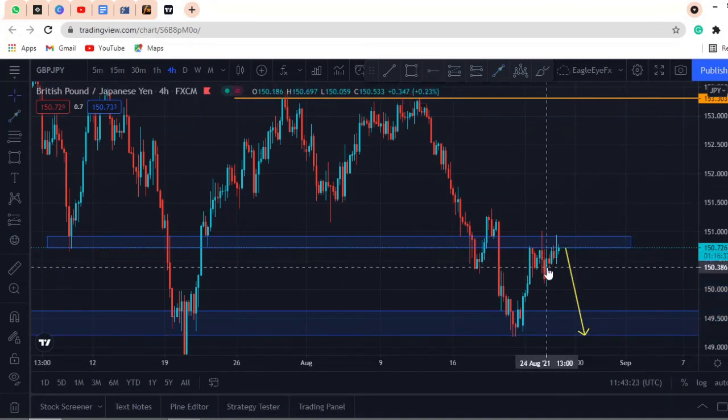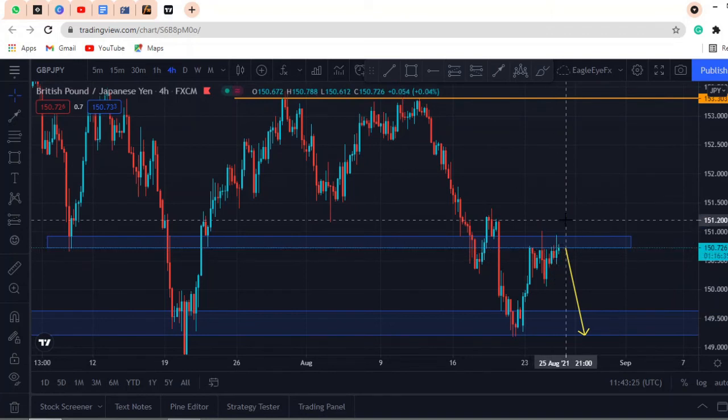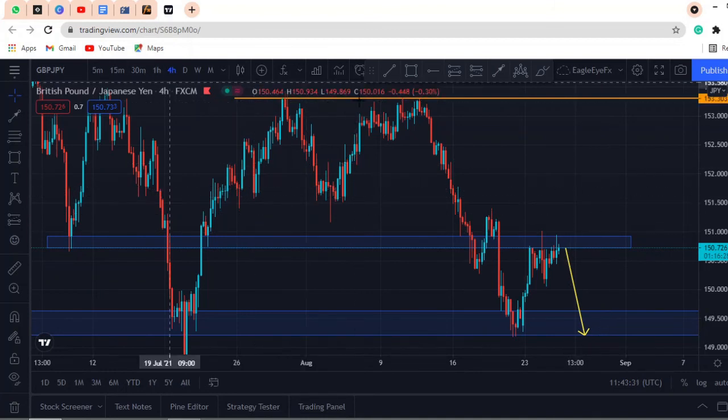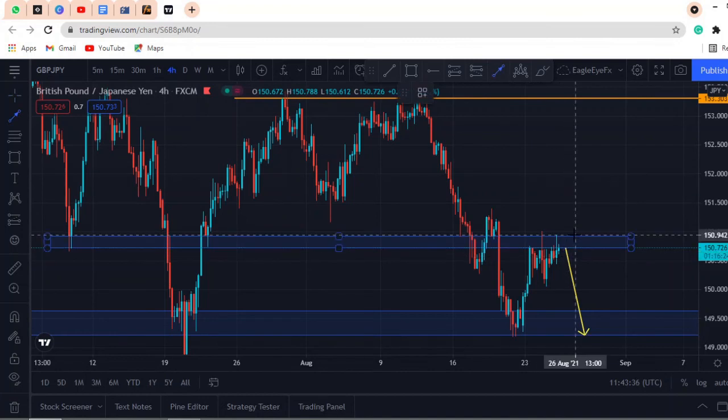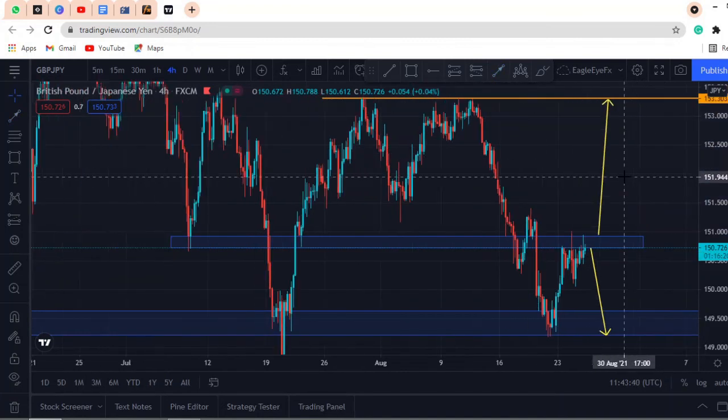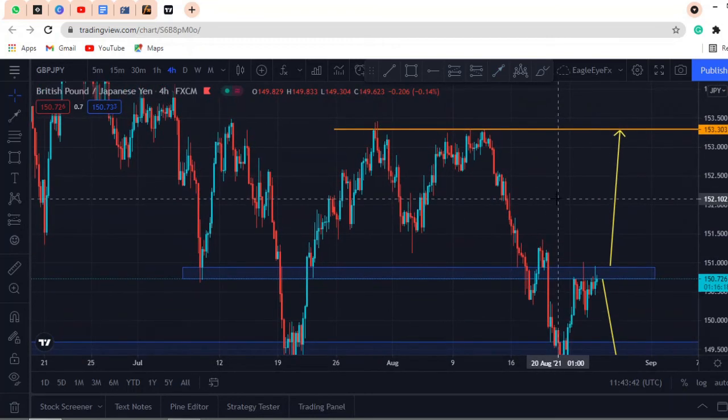Okay, but if this market is able to break, then maybe I see some sort of confirmation with either a pin bar or a bullish engulfing, then I'll be interested in buys up to that particular level over there.